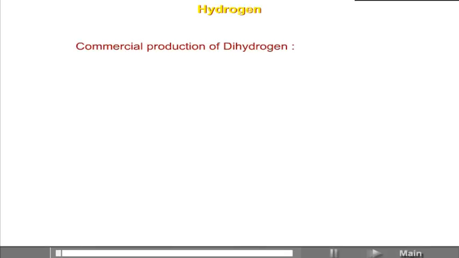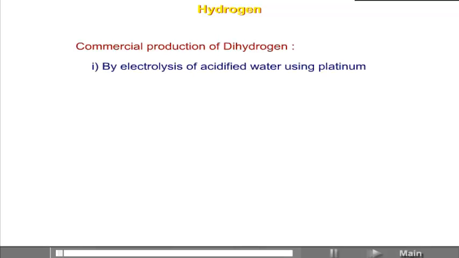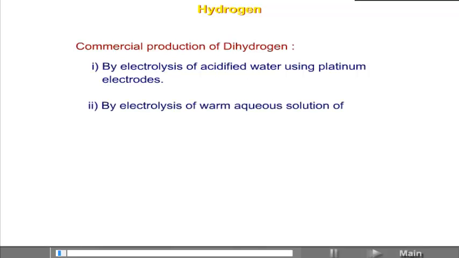Commercial production of dihydrogen. First one, by electrolysis of acidified water using platinum electrodes, and second method, by electrolysis of warm aqueous solution of barium hydroxide between nickel electrodes.